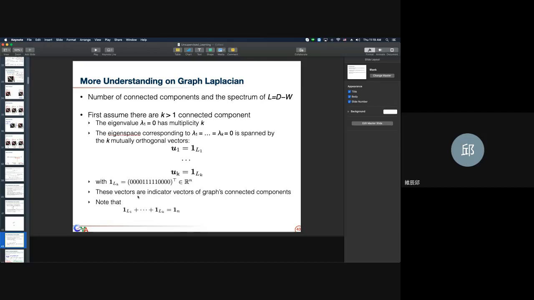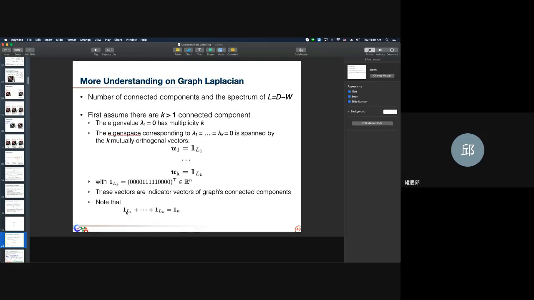These one vectors are actually the indicator vectors of the graph connected components, because they indicate which data points belong to which connected component.